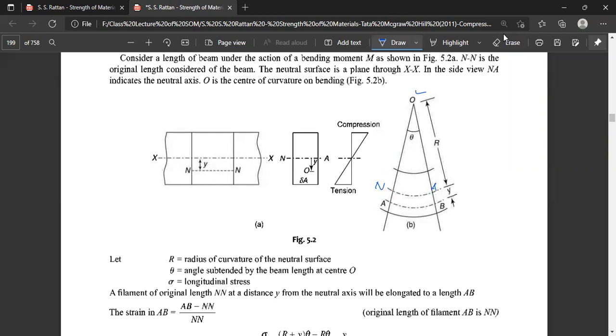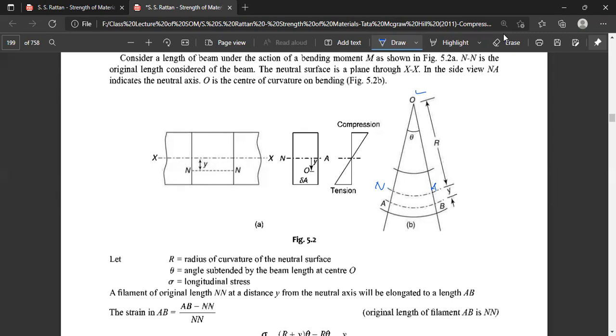And theta is the angle subtended by the arbitrary length of the beam we have taken into consideration at the center O. And sigma is the longitudinal stress introduced here.